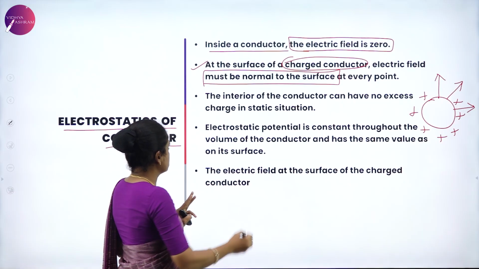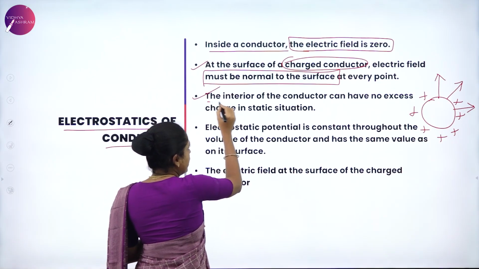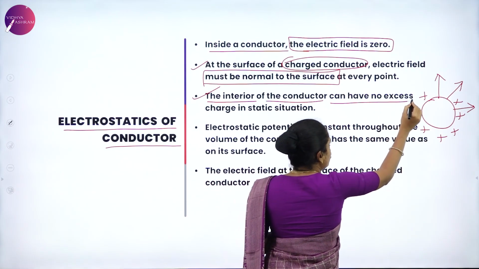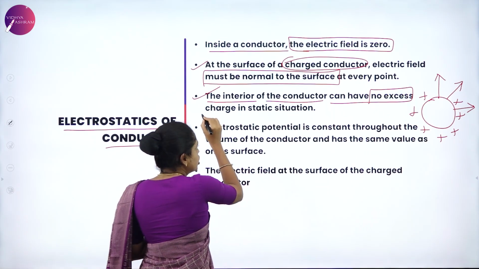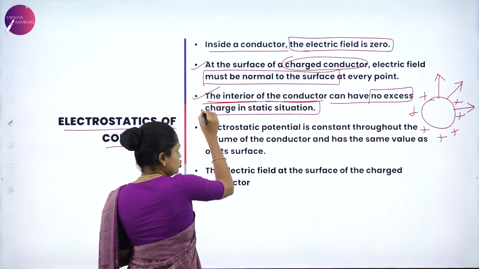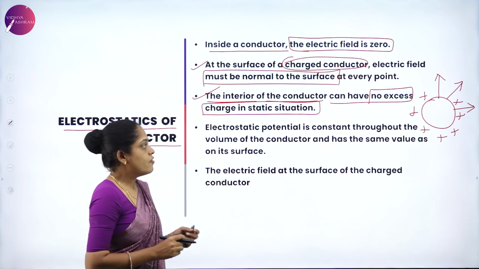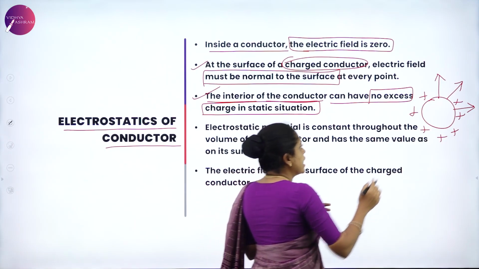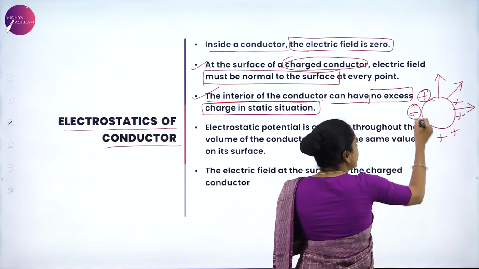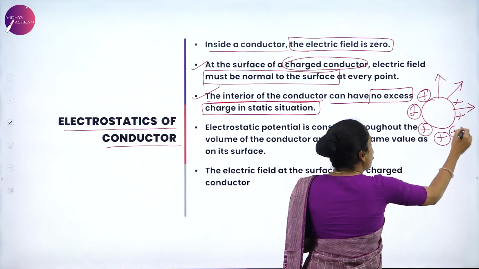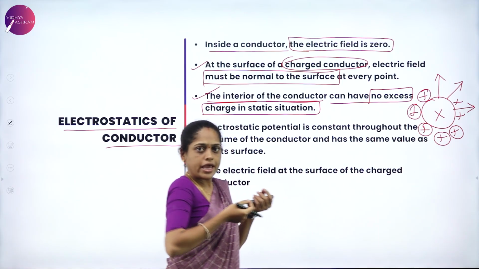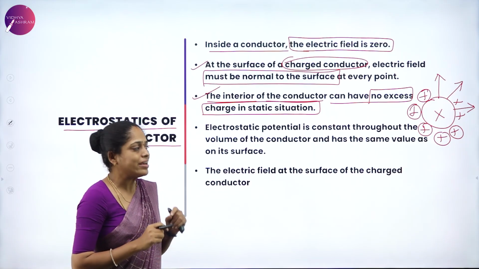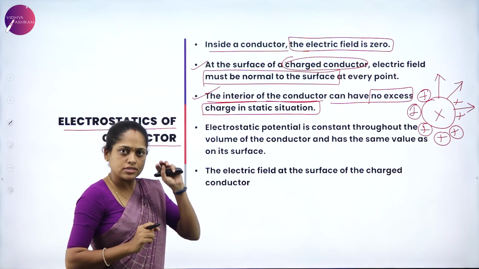Now the third one is, the interior of the conductor can have no excess charge in static situation. Means whenever a conductor is charged, the excess charge lies outside the conductor, not inside. That is the third point.